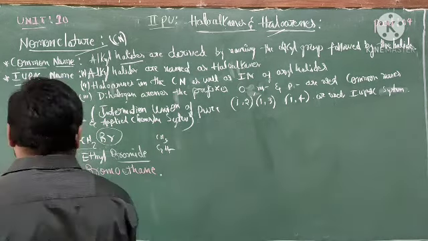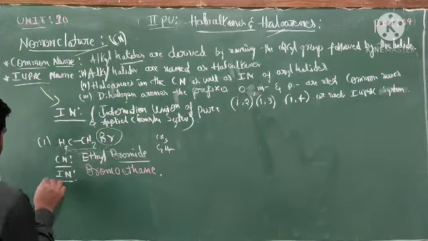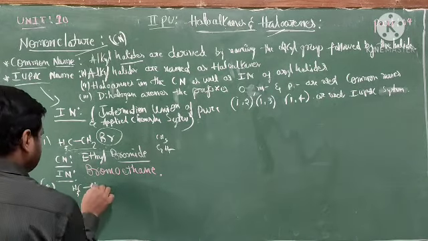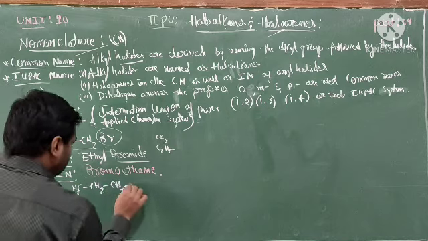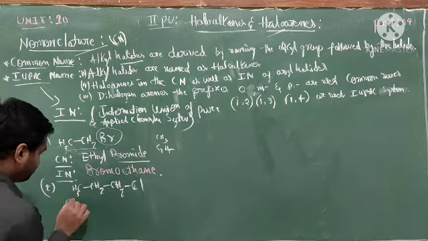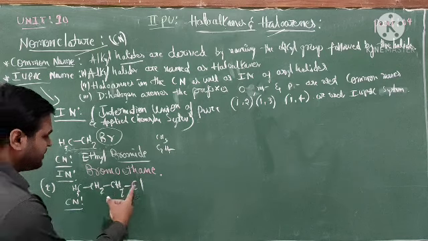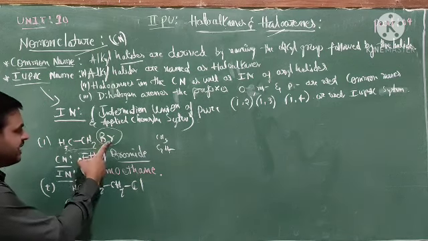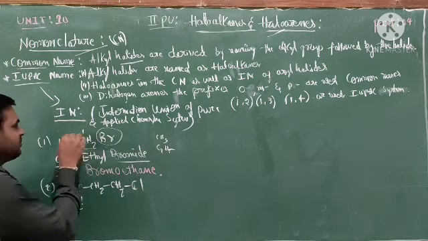Okay, next one: CH3 CH2 Cl. First, the common name. Concentrate on this one. The Br is present on this carbon atom, which is 1 and 2.